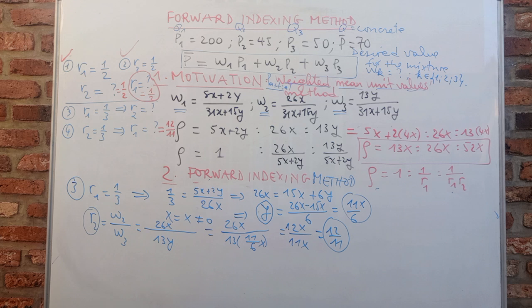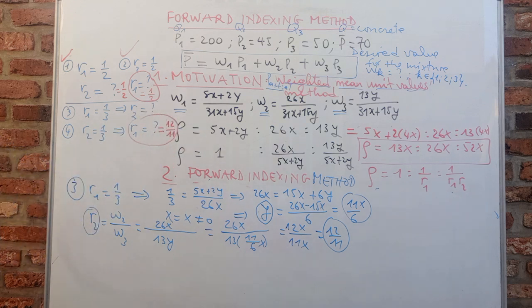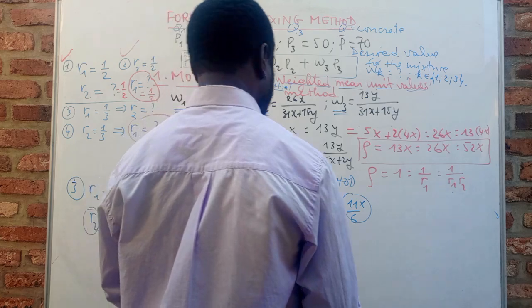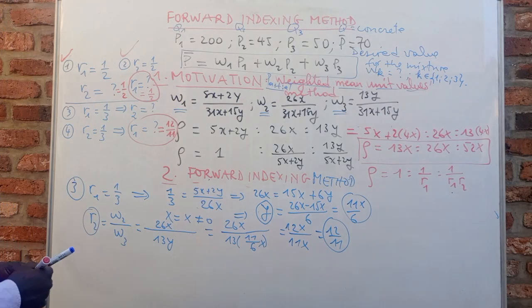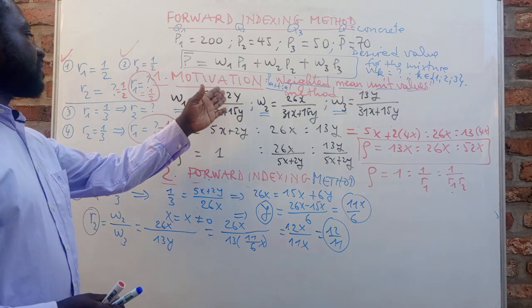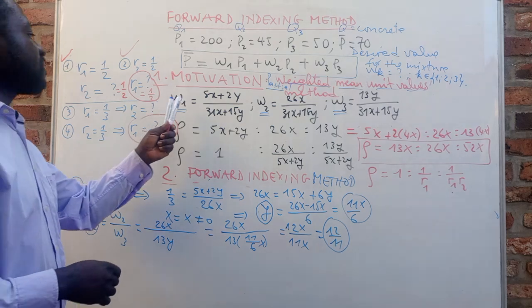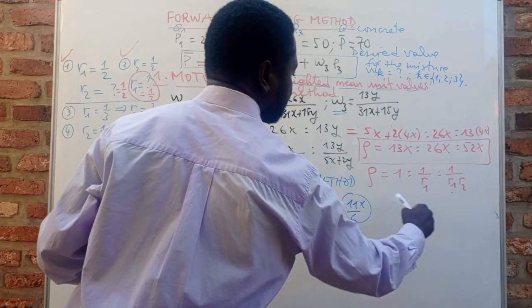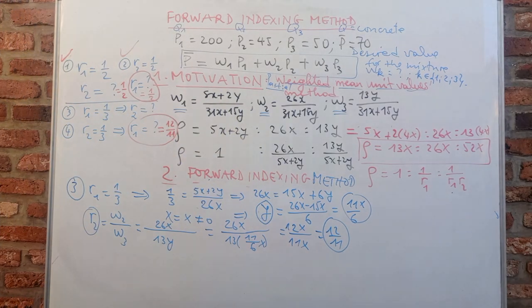Okay, now how can we write the weights? The weights, or the ratios if we want, because for the weights we substitute different values, or we can calculate the ratio and find the weight after.